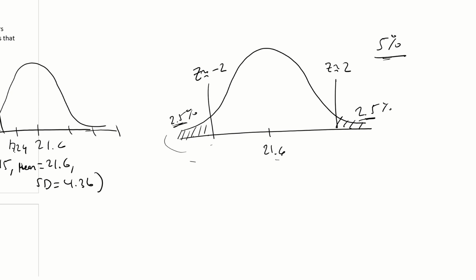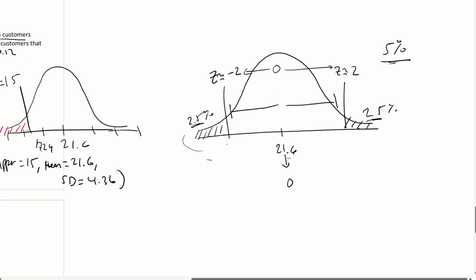So the guideline here, guys, is that if the z is between -2 and 2, then you're good, right? Because remember, when we convert this to z, the mean is going to be 0. So when the z value is between -2 and 2, we would not be that surprised by the result. But when we go beyond 2 standard deviations, then we would be surprised by the result, okay?